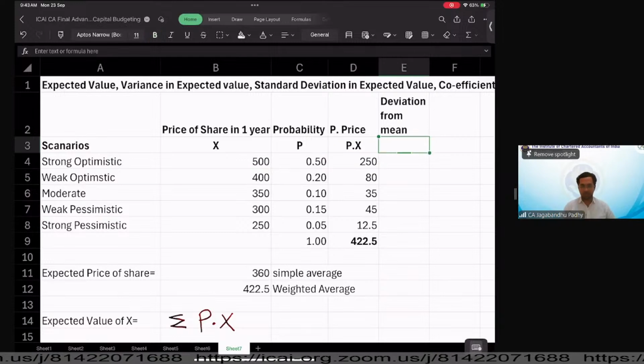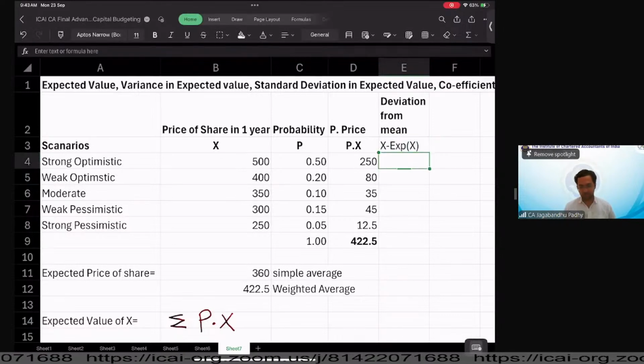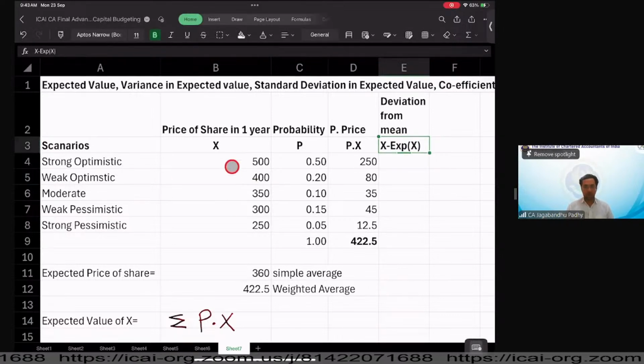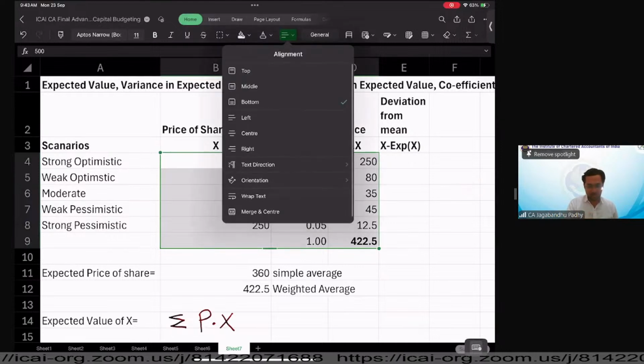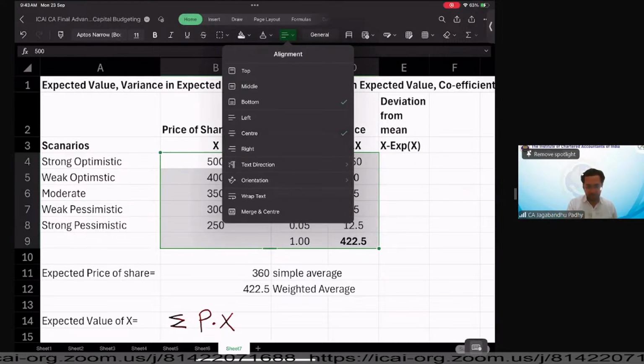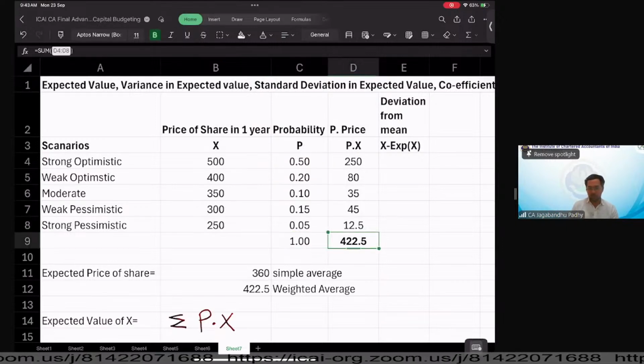Now the deviation from the mean will be the value of X minus the expected value of X. So 500 is one of the prices that we have, but we want to know how much it deviates from the mean. Our mean is 422.5.